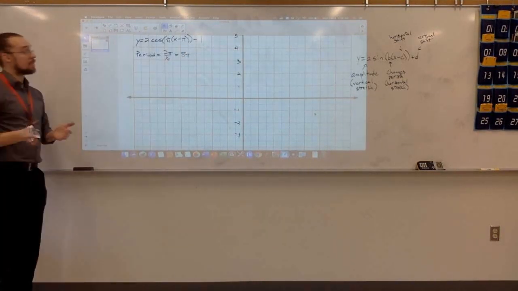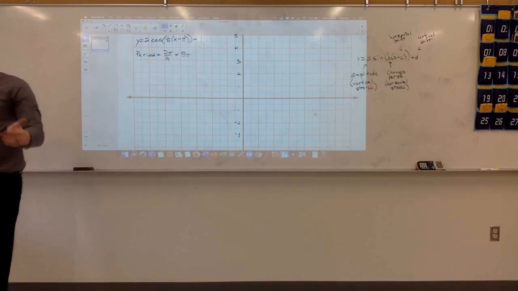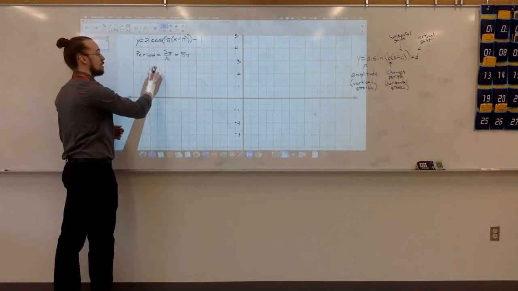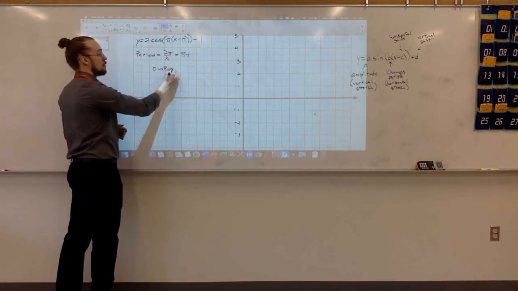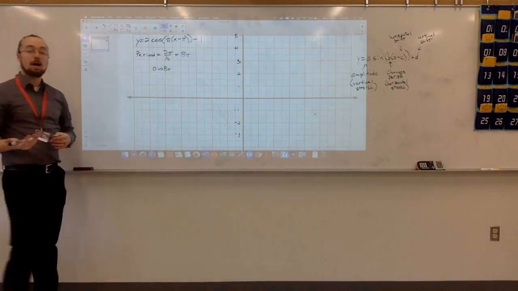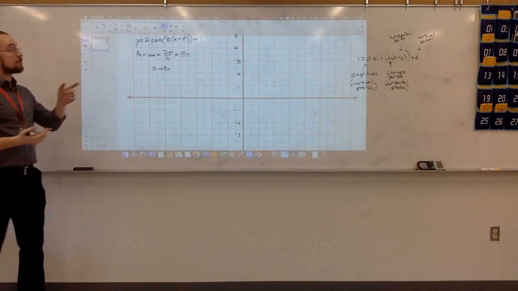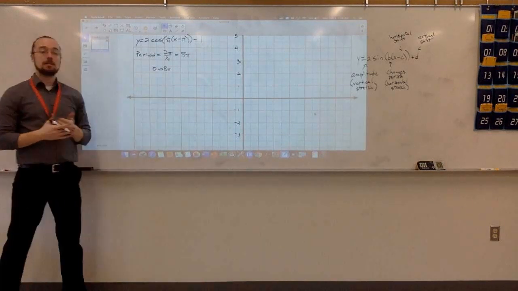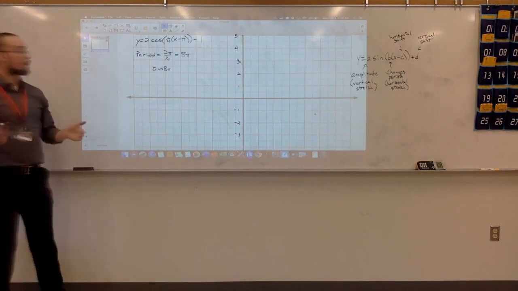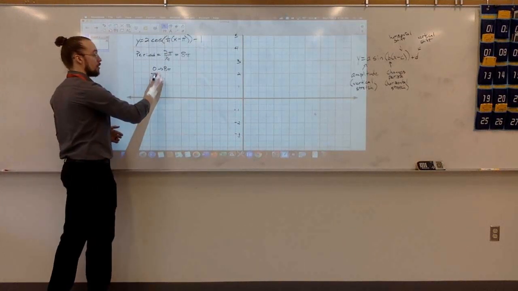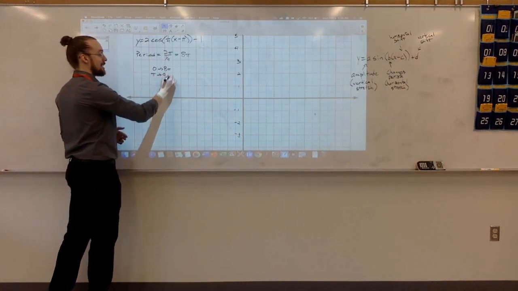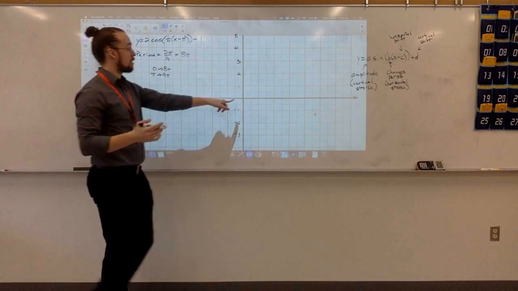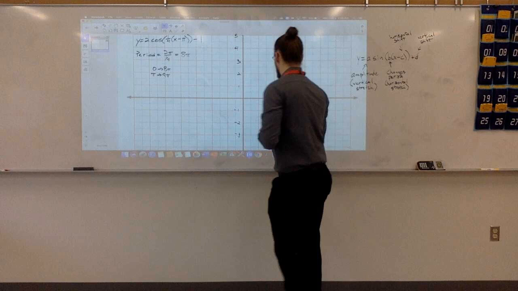So normally, that would go from 0 to 8 pi, right? But we're shifting to the right pi. So if I'm shifting to the right pi, that means I'm going to add pi to both my starting and my ending values. So I'm really going to be going from pi to 9 pi. Right? So I can go ahead and put those x values on here.